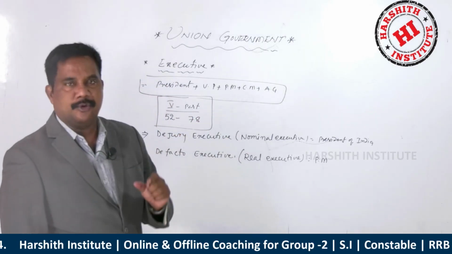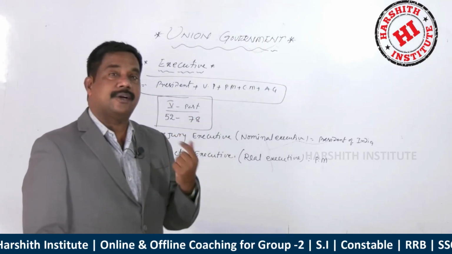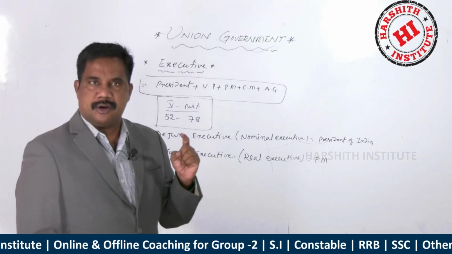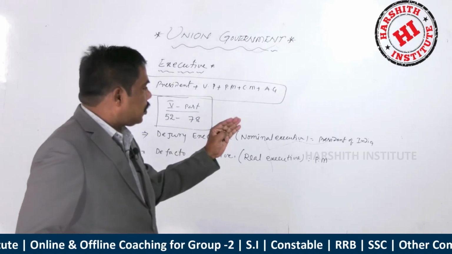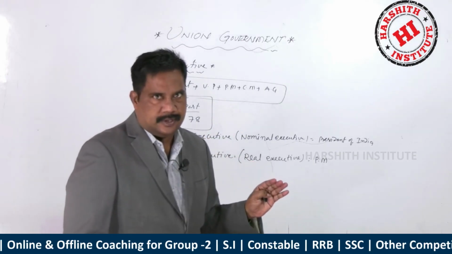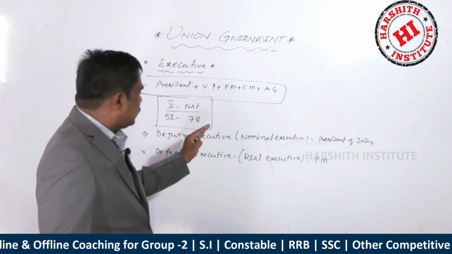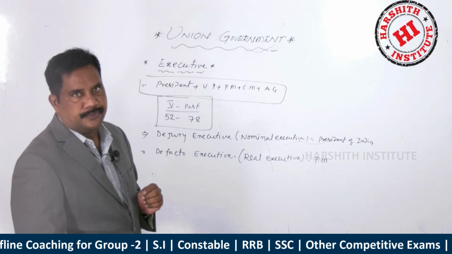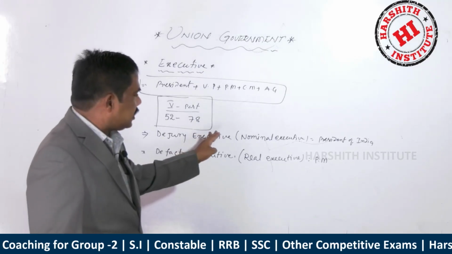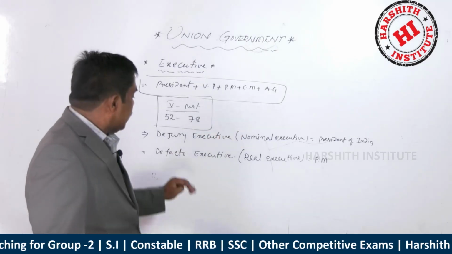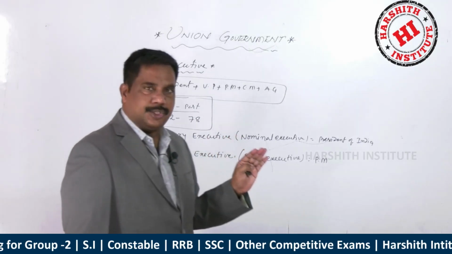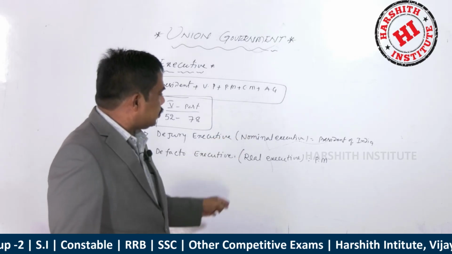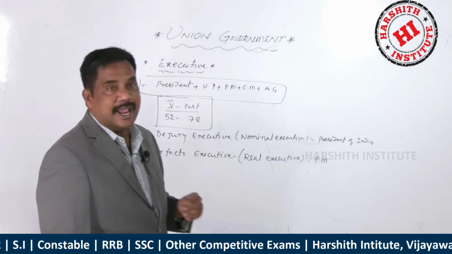That is why, wherever there is a parliamentary form of government, it will have two kinds of executives: first, the de jure executive, and second, the de facto executive. De jure is called the nominal executive, and de facto is called the real executive.